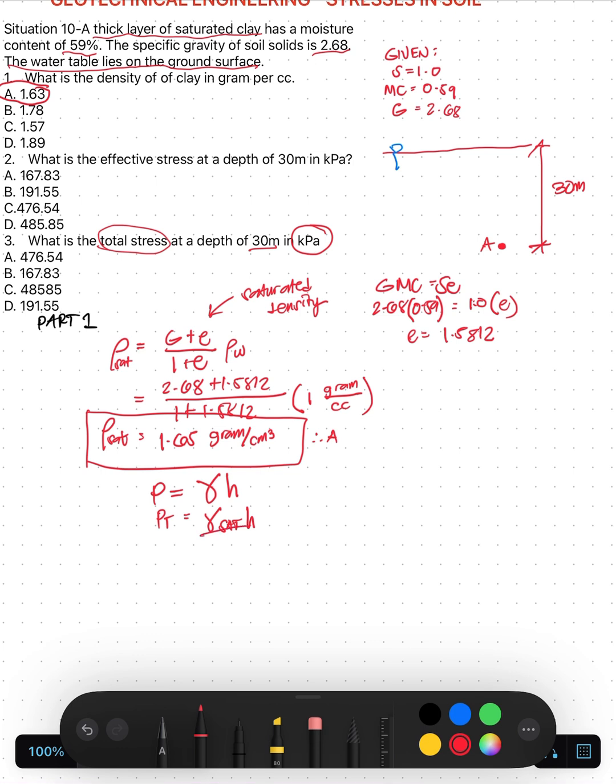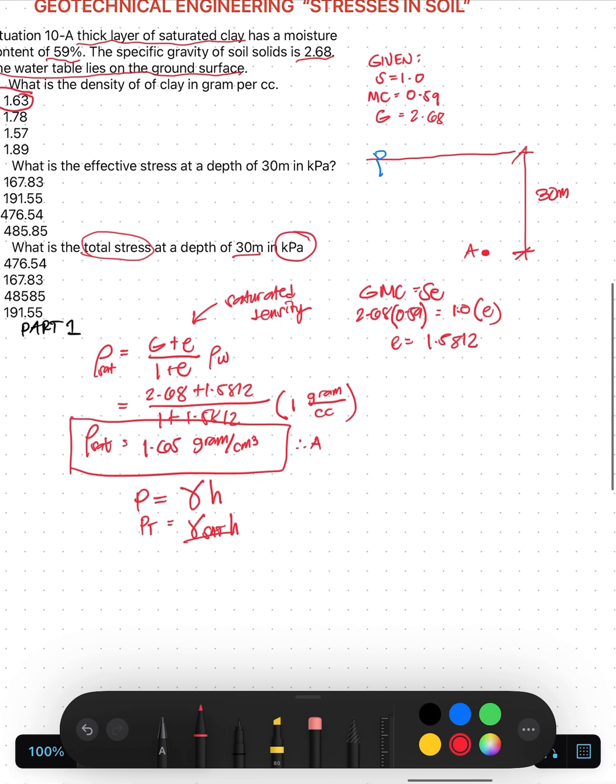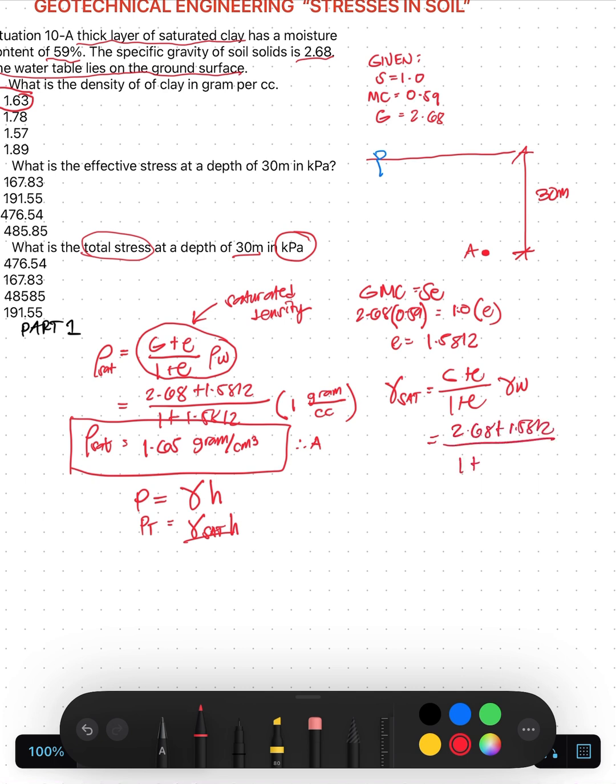Now take notice, the saturated unit weight shall be in kilonewton per cubic meter. If we will get the saturated unit weight, it is just the same as here, but we'll just change the density into unit weight. So G plus e over 1 plus e times the unit weight of water. So 2.68 plus 1.5812 over 1 plus 1.5812 times 9.81.